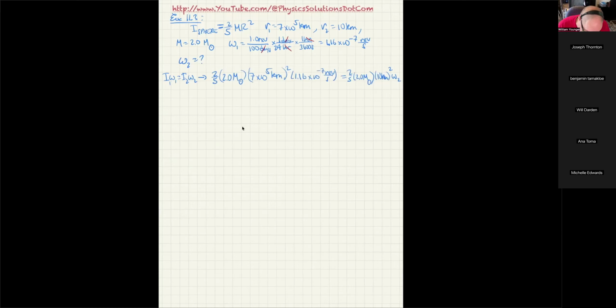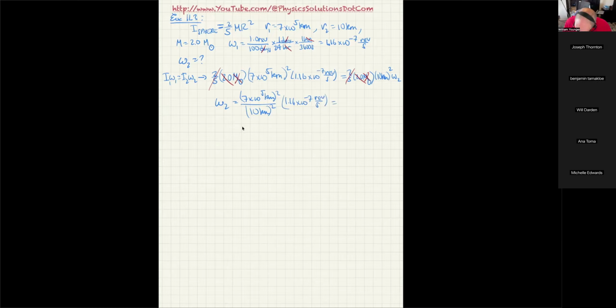So we can immediately see that the 2/5 cancels out with the 2/5, the 2.0 cancels with the 2.0, the m cancels with the m, and all we really have now is omega 2 equals 7 times 10 to the fifth kilometers squared over 10 kilometers squared times 1.16 times 10 to the negative seventh revolutions per second.